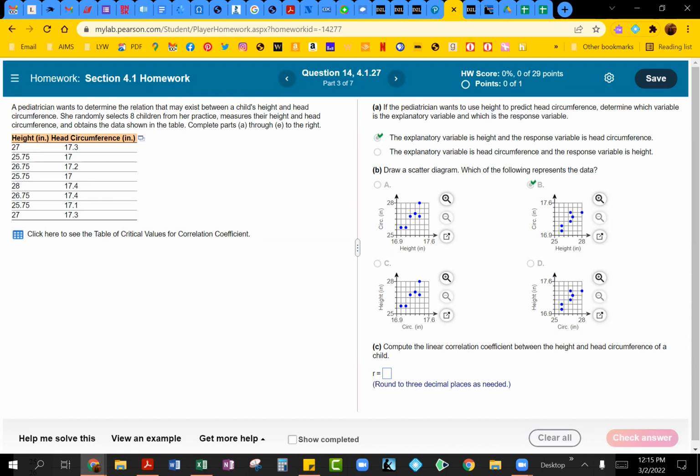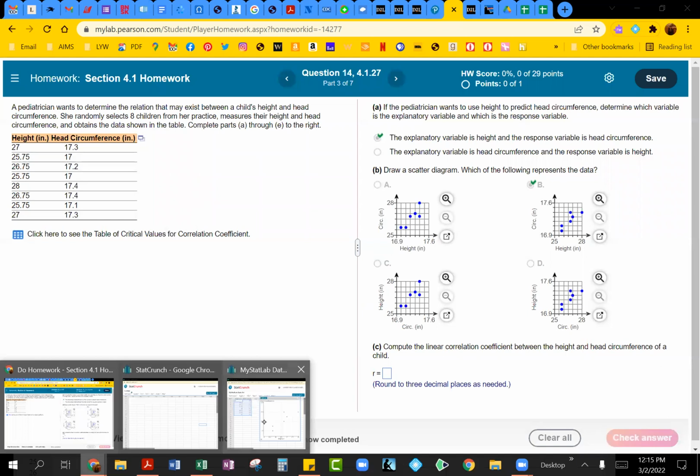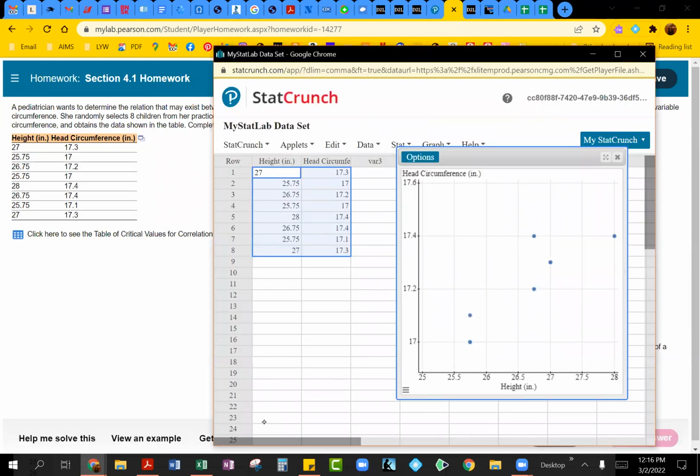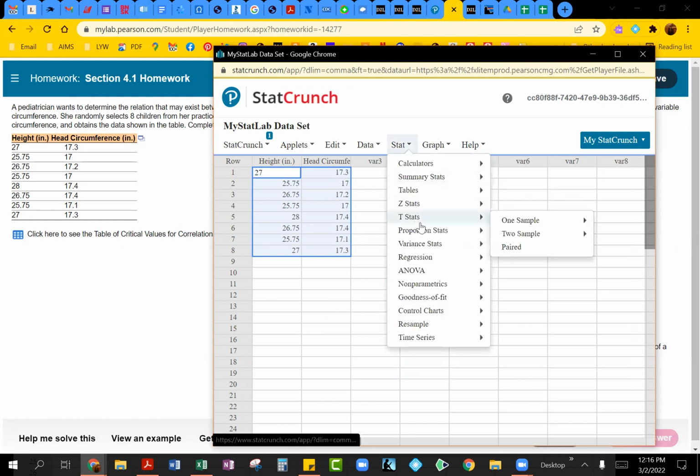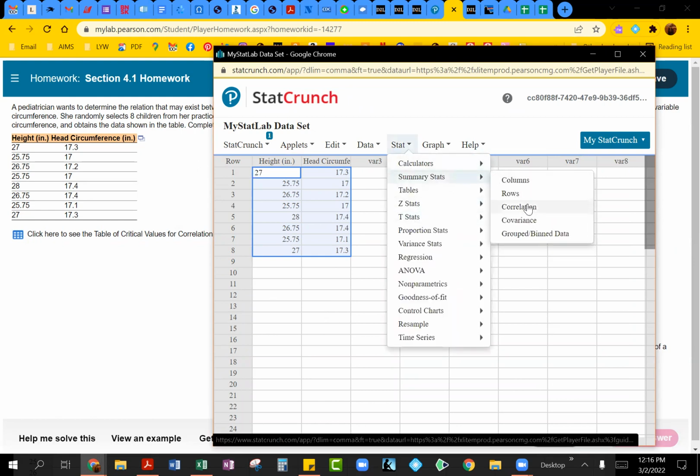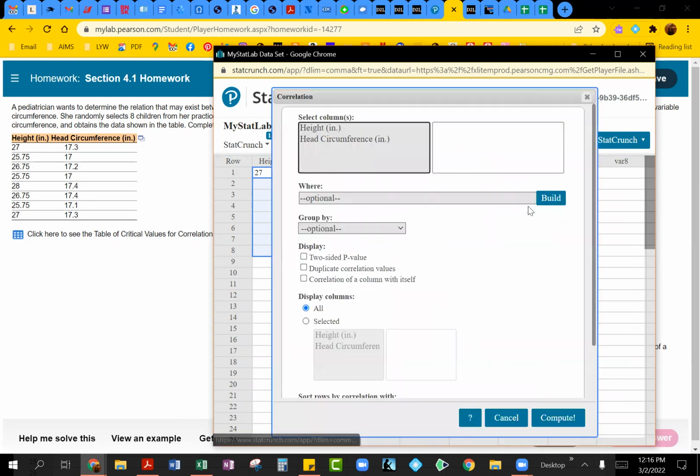Now for your correlation coefficient, I'll show you this using StatCrunch again. For this, you will go under Stat, then Summary Stats, and you see where it says correlation.